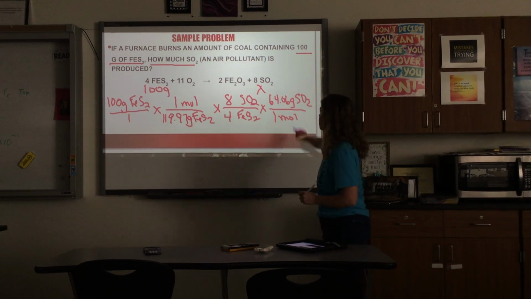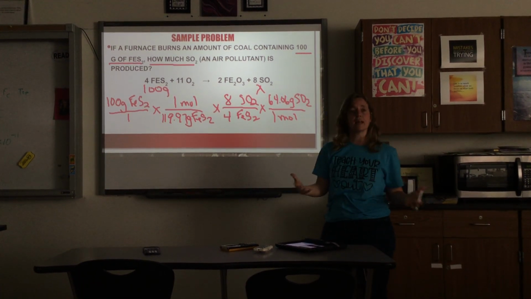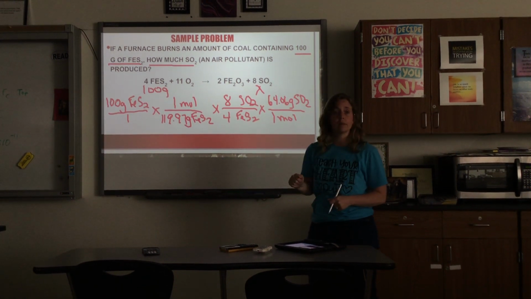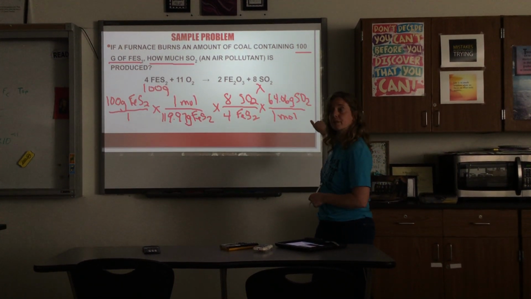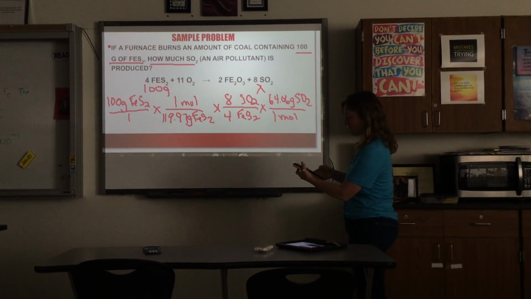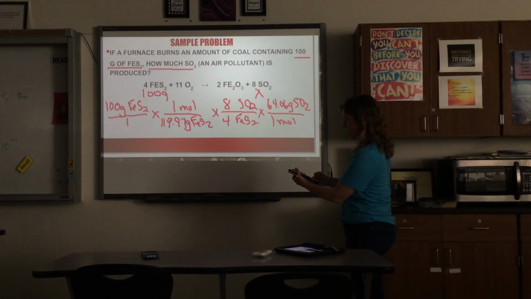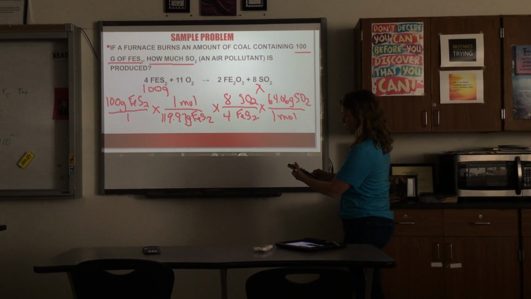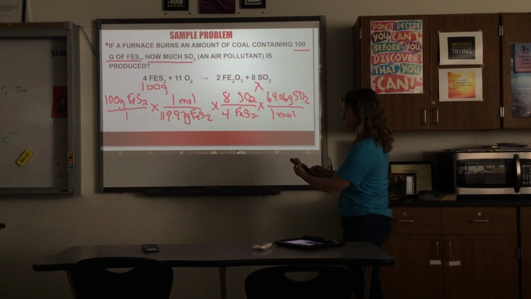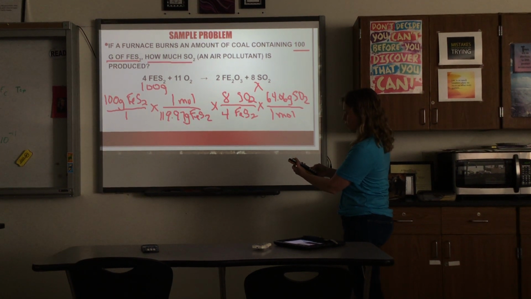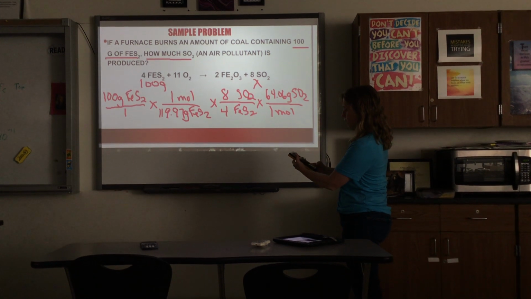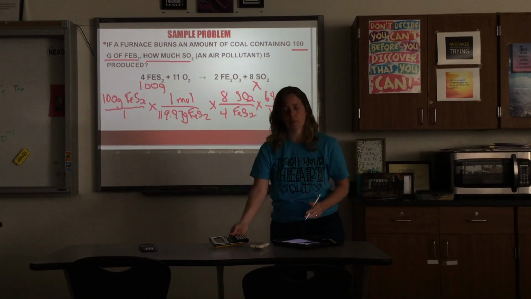Now, the last step is we're going to calculate. You multiply everything on the top, multiply everything on the bottom, and then divide the 2 numbers. So I'm going to put in parentheses 100 times 8 times 64.06, end the parenthesis, and then divide by, in parentheses, 119.97 times 4, and I get 106.8.